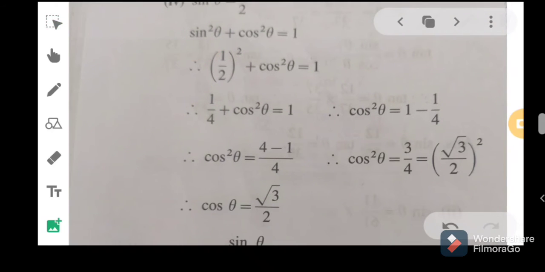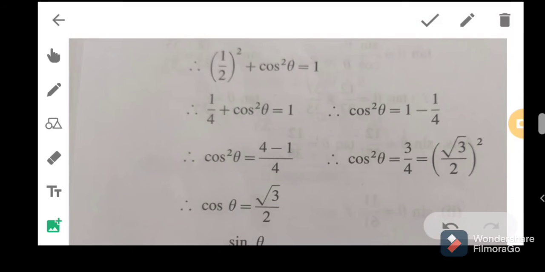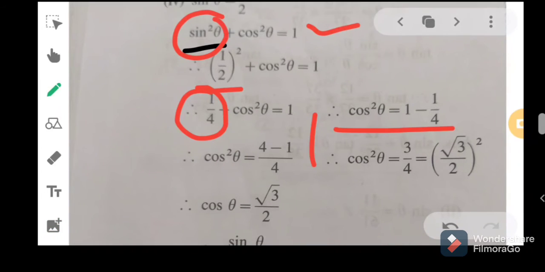But friends, we want the value of cos theta. So by taking the square root of both sides, square root of cos square theta is cos theta and square root of 3 by 4 is root 3 upon 2. So the value of cos theta is root 3 upon 2.